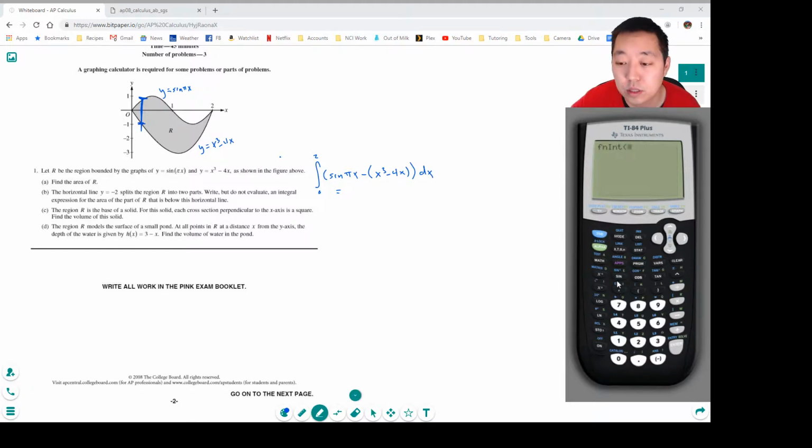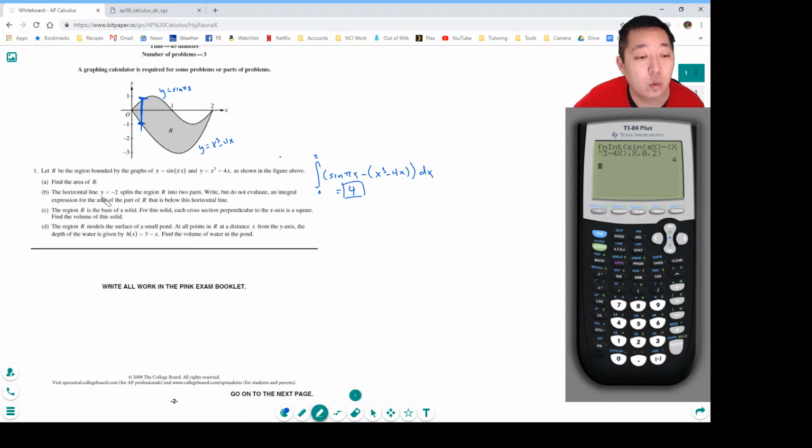Sine pi x minus, and I want to put in parentheses, because I have to subtract this whole thing, x cubed minus 4x. Then we're going to integrate from 0 to 2. I think I put the variable first. Yeah, there you go. And we find that this is 4. Okay, so this area is 4.